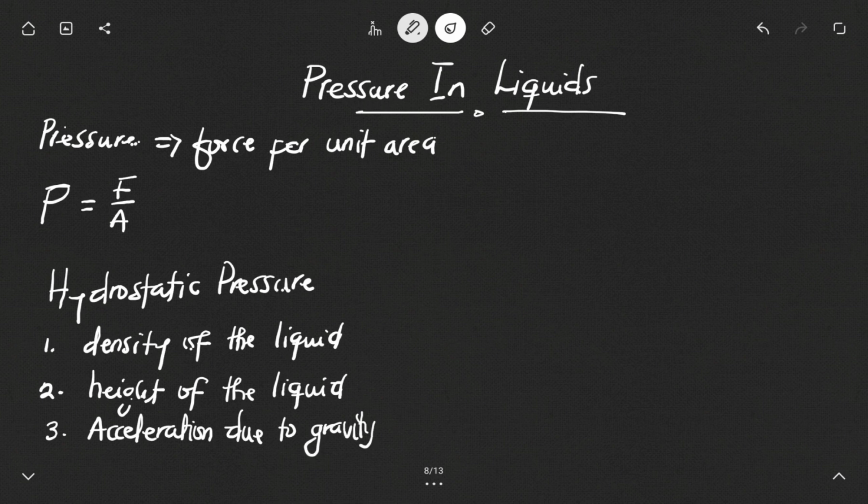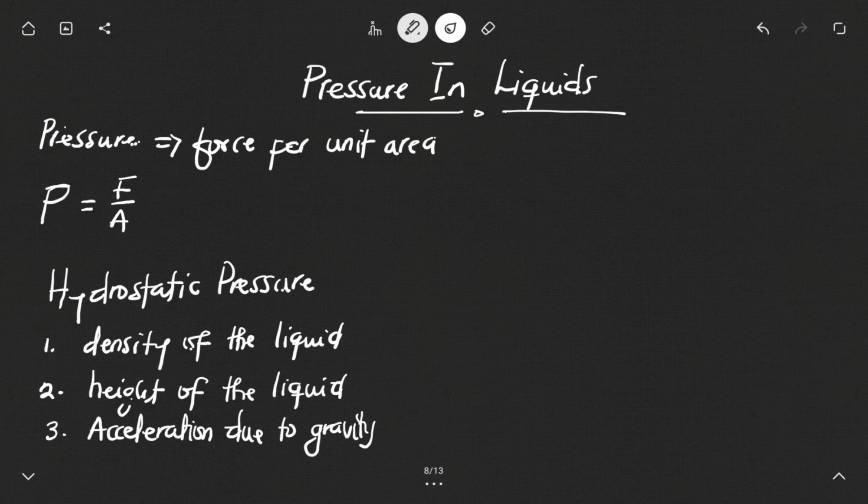So the pressure in a liquid depends on the density of the liquid, the height of the liquid in the container, and lastly the acceleration due to gravity. Now let's consider how the pressure depends on the density, the height, and the acceleration, whether it is directly proportional, inversely proportional, or how they relate to each other.